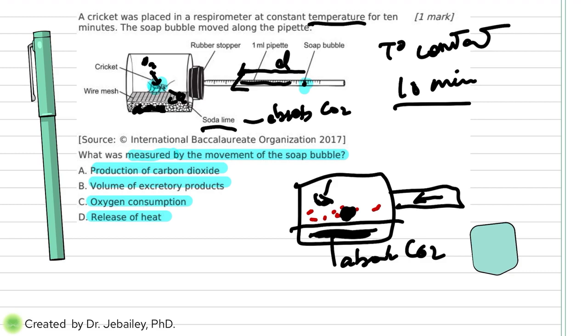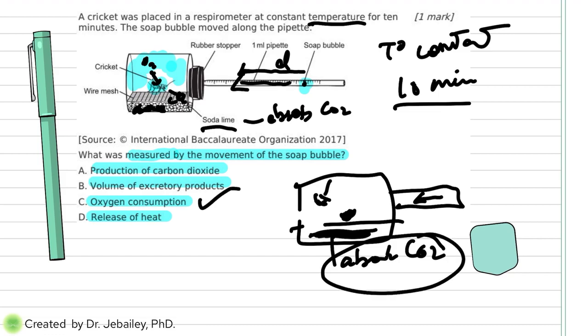But since we don't have that, we are actually looking at the amount of oxygen that we were taking from outside, because the CO2 was being absorbed, so it was not in play. So the right answer here is oxygen consumption.